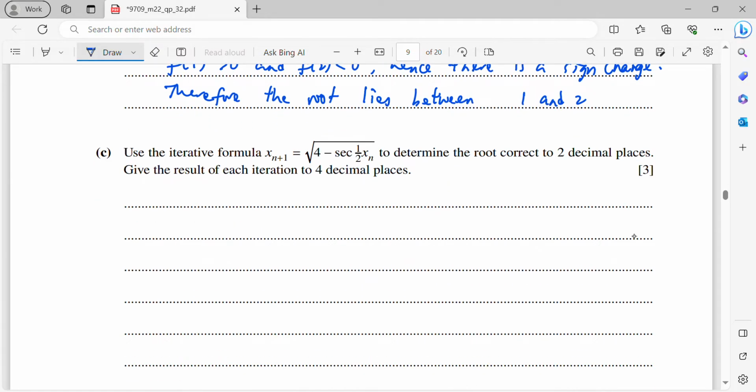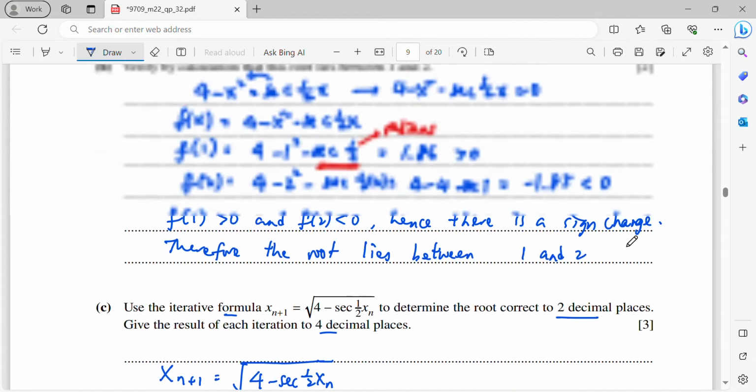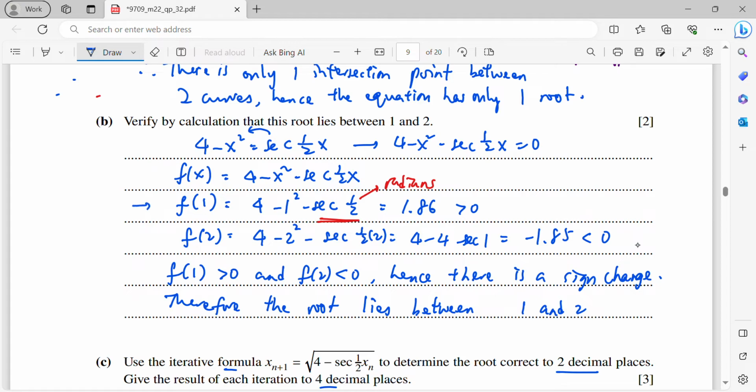Now part C, use the iterative formula to determine the root correct to 2 decimal places. Give the answer of each iteration to 4 decimal places. So now x(n+1) is the square root of 4 minus sec(xn/2). Just now we have proven that the root lies between 1 and 2.